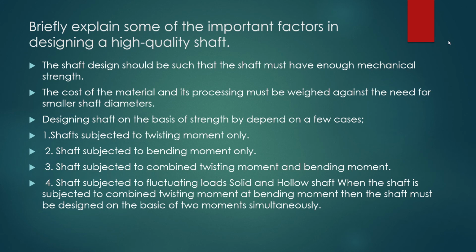When the shaft is subjected to combined twisting moment and bending moment, then the shaft must be designed on the basis of the two moments simultaneously. So that's all for the discussion.